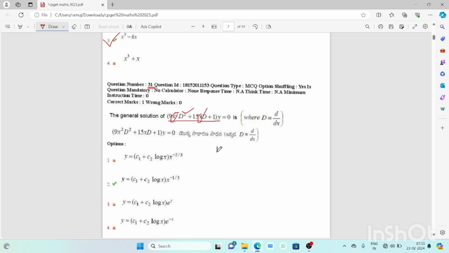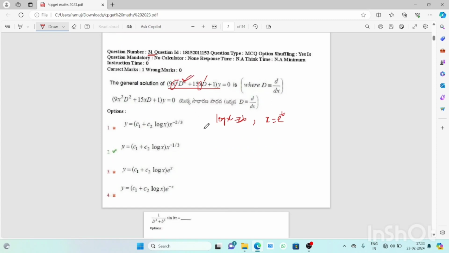We have to consider log x is equal to t. From this, x is equal to e power t, and we have to change the D's also. Here the independent variable is x, so we have to change x in terms of t.